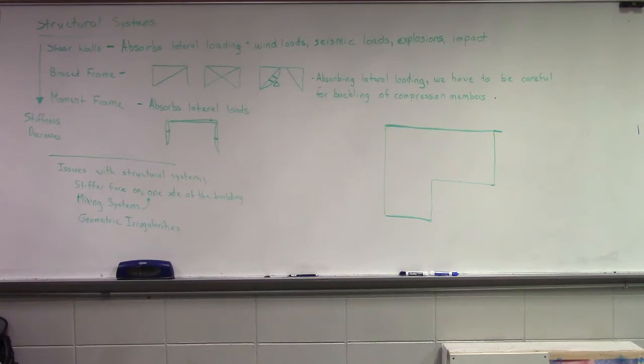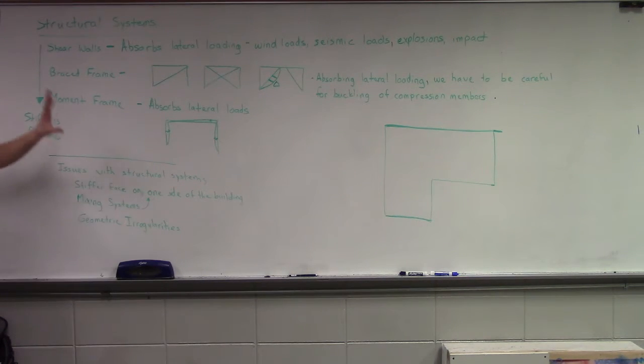So that's something that we need to keep in mind when we're talking about stiffness in our buildings. What's going on with the total footprint of the building, and how is this going to interact with it? Okay. So does that make sense? That's kind of at that 30,000 foot level.